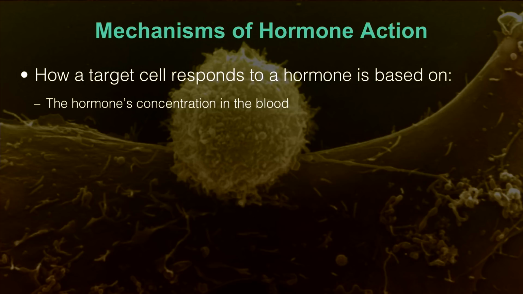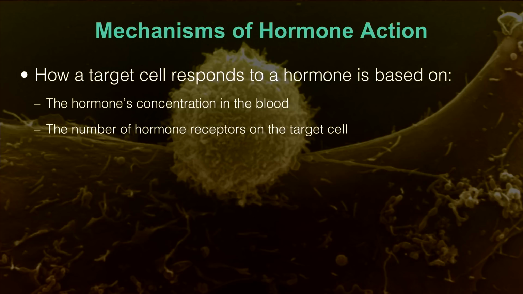The amount of change is dependent on the amount of hormone. If you've got an emergency situation and the pituitary gland releases a lot of one type of hormone, then the net effect at the target cell, the target tissue, is going to be magnified, right? More hormone, more binding, more change in activity.